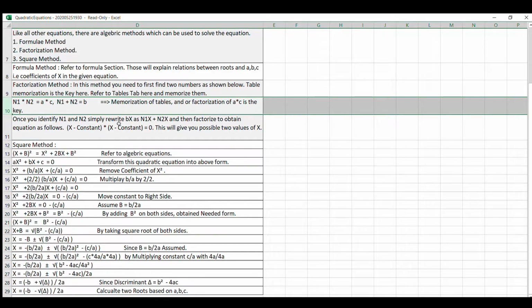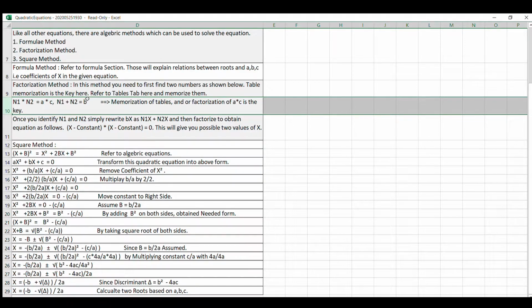What is the nature of these numbers? You have to find two numbers in such a way that the product of these two numbers, look at line number 10, n1 into n2 is equal to a into c, that is coefficient a and constant c, and the sum of those two numbers has to be equal to b.